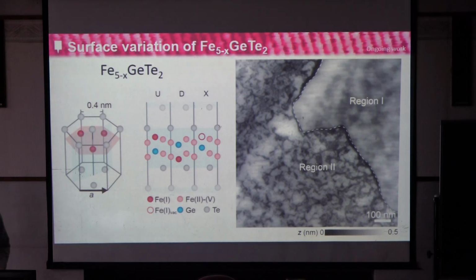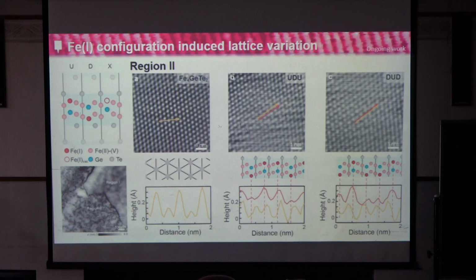Because of the Fe1 atom configuration being up, down, or vacancy, in the STM image we can see two distinct surfaces. Next we go to see the atomic structure in region 2. You can see three different types of surface structure.